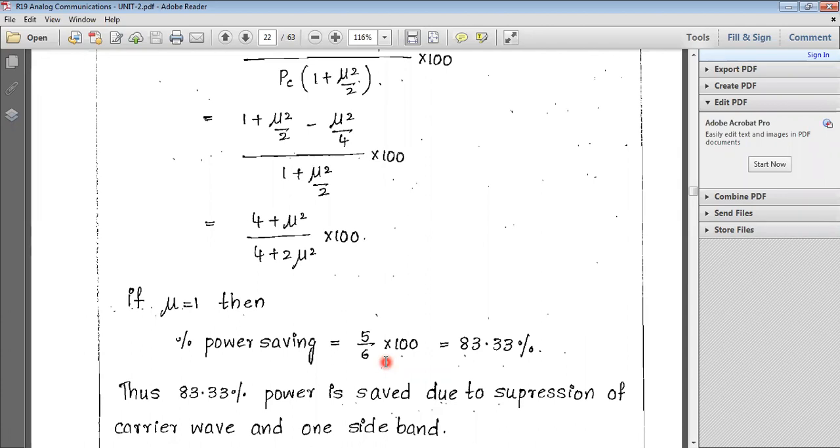How much power is saved here compared to normal AM? We can save 83.33% of power by the suppression of the carrier and single sideband.